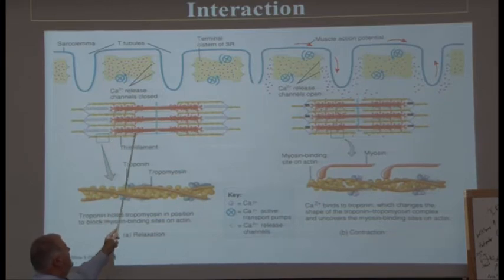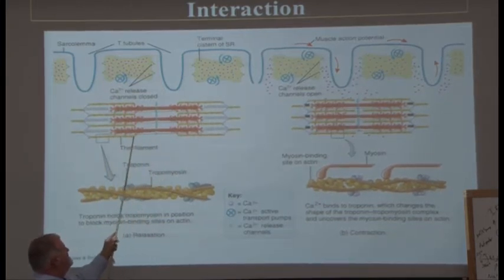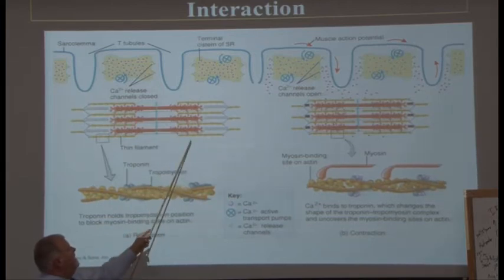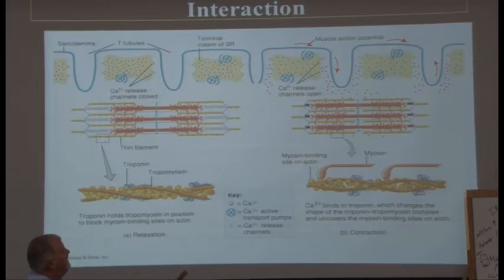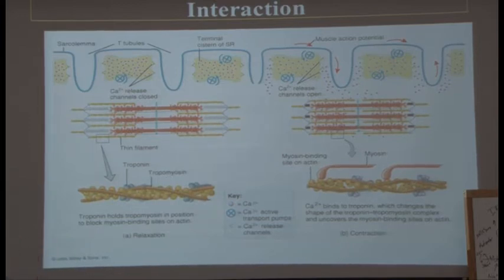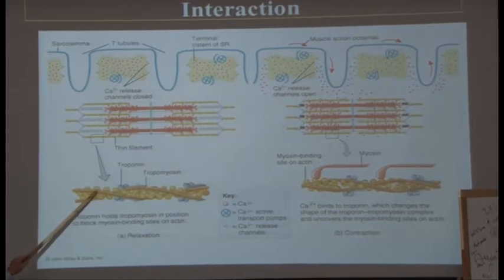When you look at an A band, it stays darker out here and lighter in here, so this was called the A zone. And it's darkest where we have overlapping actin and myosin molecules. And to make a muscle contract, what we have to do is change the shape of the troponin and tropomyosin molecules, because they're covering these dark brown dots on our actin, which are sites where actin and myosin can interact.